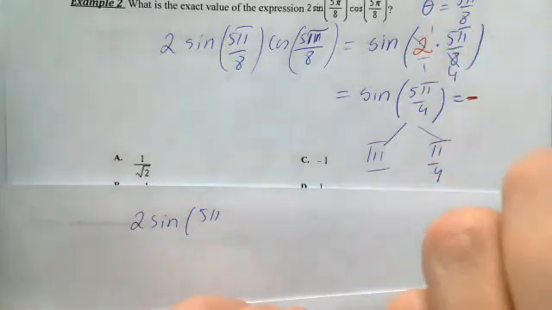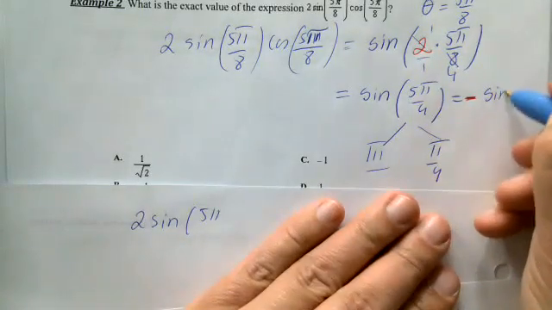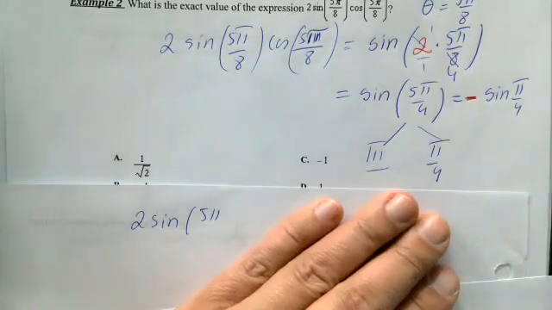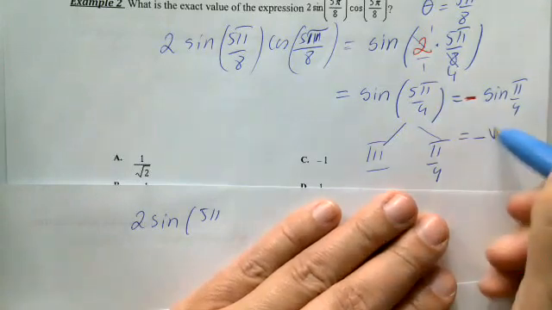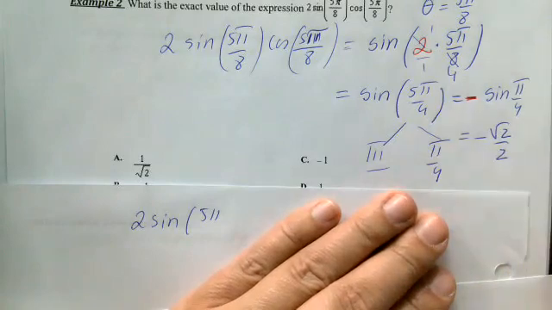And think about the value of sine of pi over 4, right? The reference angle in the first quadrant, because I didn't ask you to memorize the entire unit circle, just the first quadrant and the quadrantal angles. So negative square root of 2 over 2.